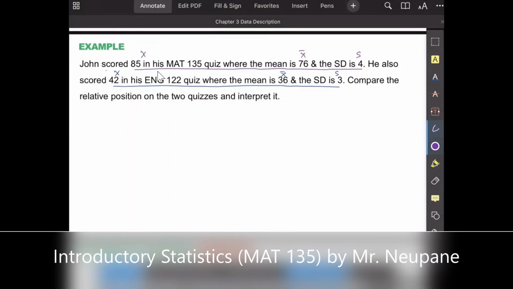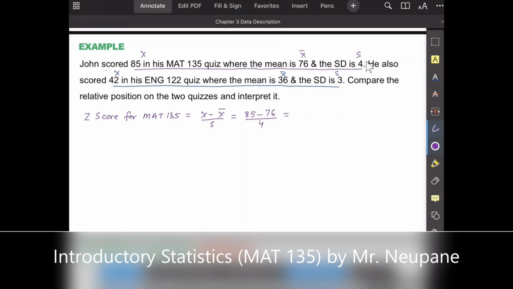First, the z-score for Math 135: x minus mean over standard deviation, so x is 85, minus the mean 76, divided by the standard deviation 4.